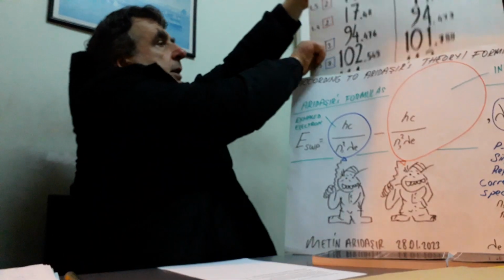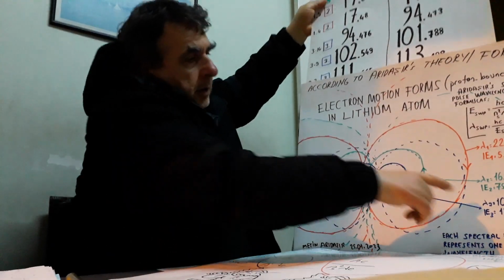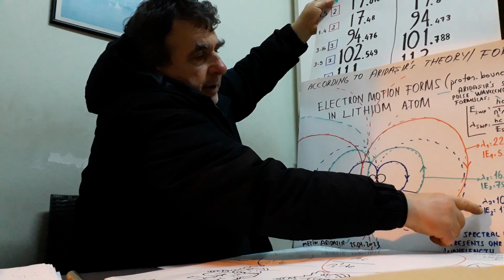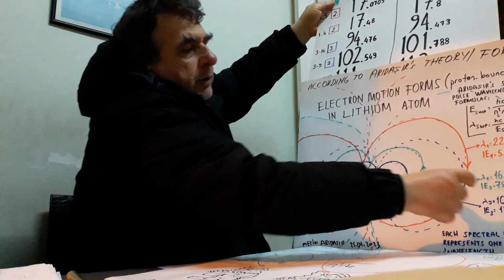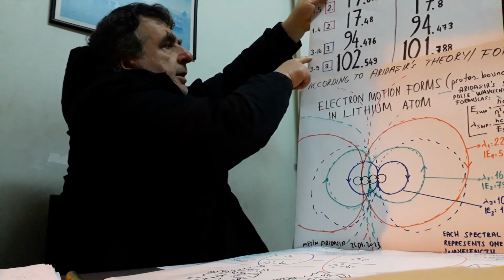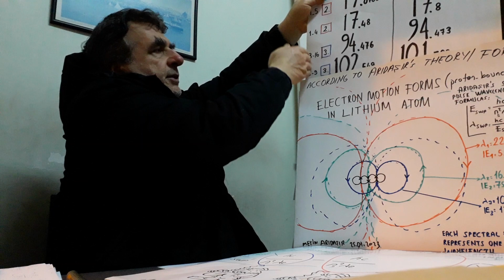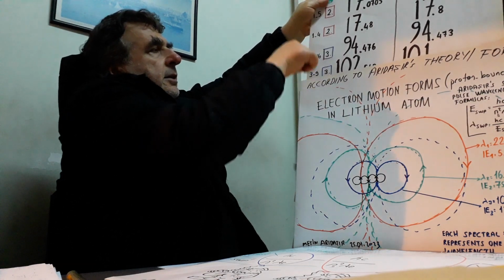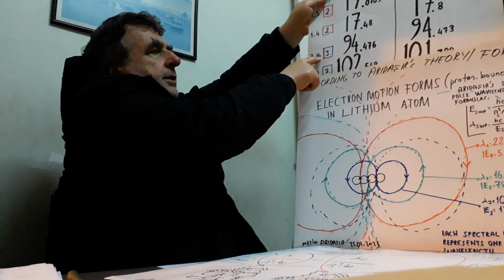Like what? Like this. Say, third electron motion form, which is its smallest one, 10.128 nanometer wavelength size. Okay. It's not first step, it's third step, stay. And successive waves, 16th successive waves, okay.